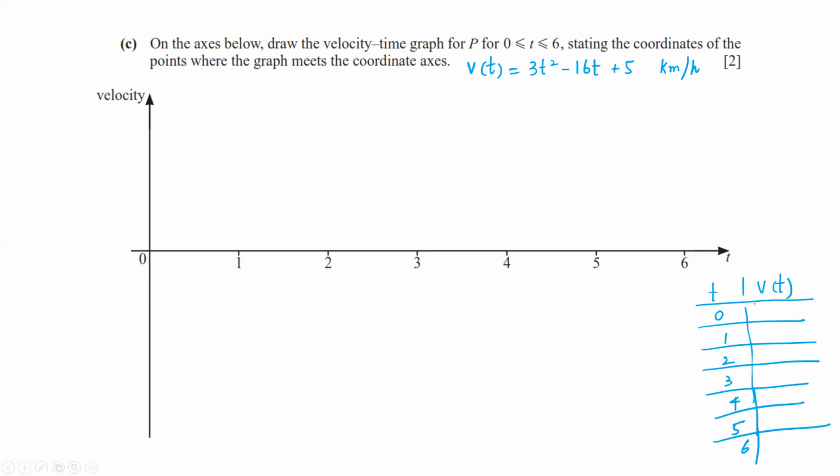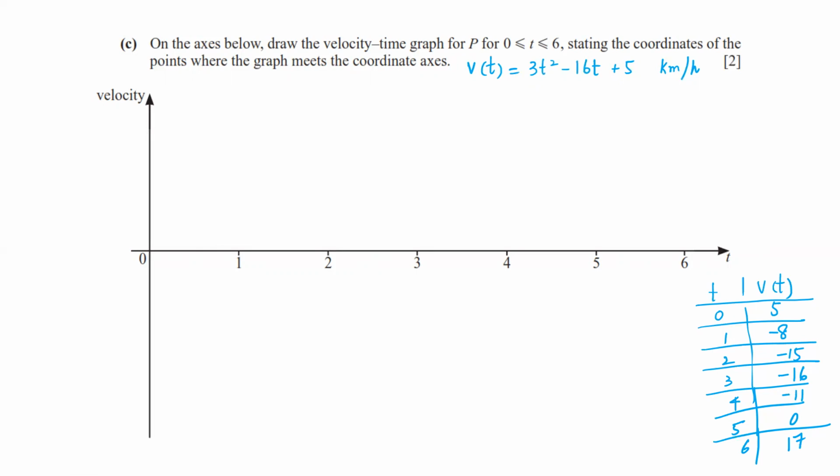At time t equals 0, my velocity is 5. At 1, my velocity is minus 8. At 2, it is minus 15. At 3, it's minus 16. At 4, it is minus 11. At 5, it is 0. And at 6, it is 17. So this is how it looks.